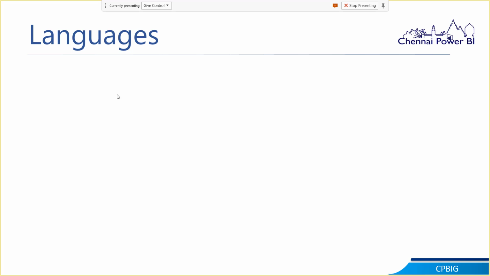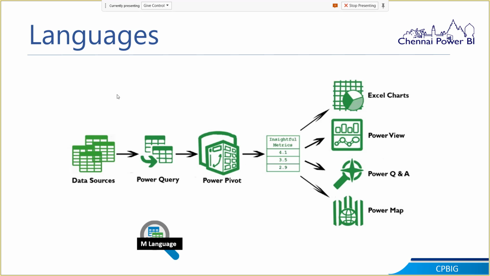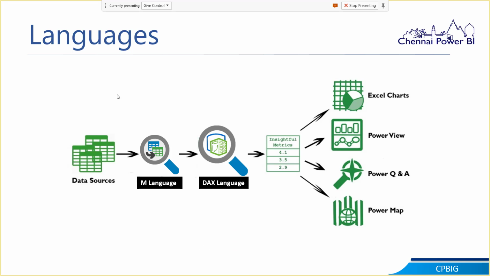So we use structured query language to access the data stored in the databases. Here we have 2 different languages. The first is the M language, the other is the DAX language. Most people know that Power BI uses DAX, but I'm not sure how many of you know that Power BI uses the M language. M language is, again, the Power Query language.